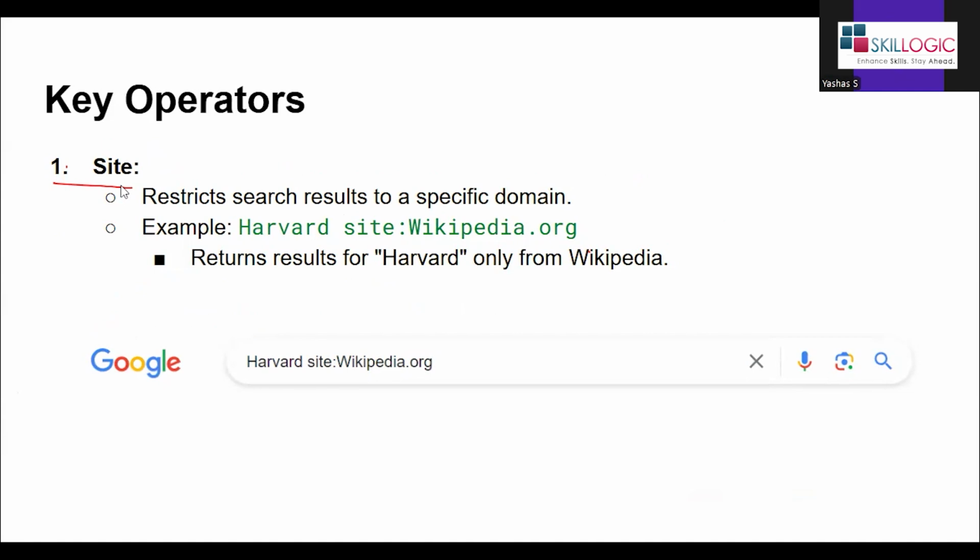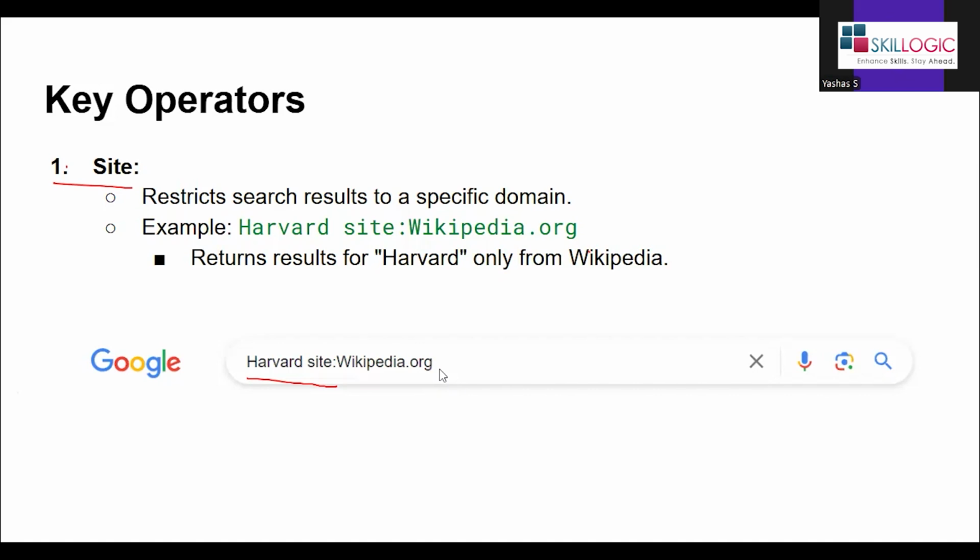For instance, let's say I want to search Harvard site:wikipedia.org. This will only return results related to the word Harvard from the Wikipedia page.